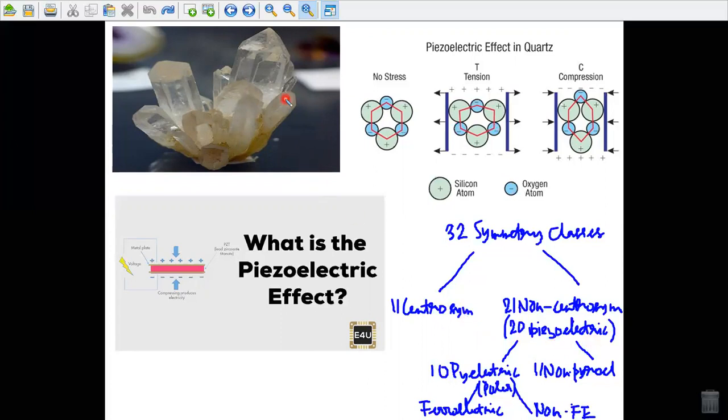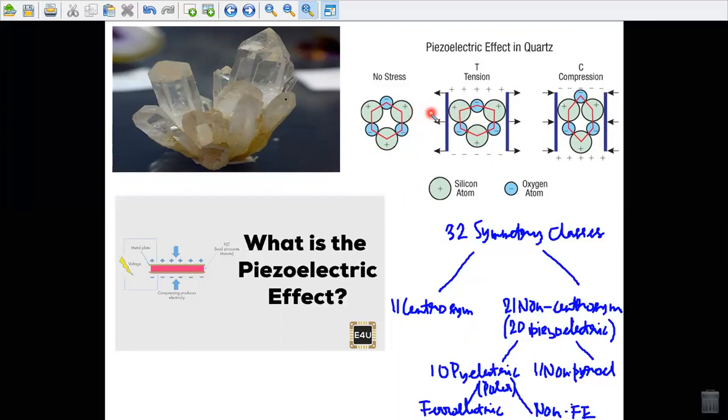This is where piezoelectricity comes in quartz. When such a non-centrosymmetric crystal is subjected to a mechanical stress, the ions are displaced from each other in an asymmetric manner, and the crystal becomes electrically polarized. This is called the piezoelectric effect.